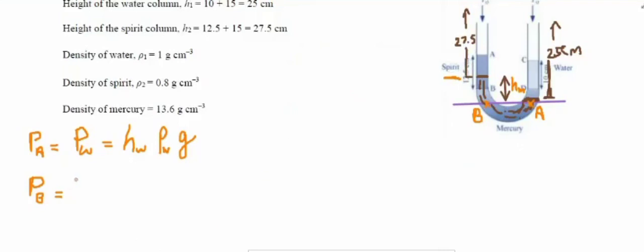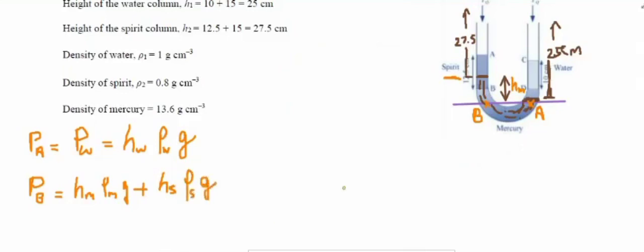That can be written as Hm rho m g plus the pressure applied by spirit, that is height 27.5 centimeter, hs rho s g.